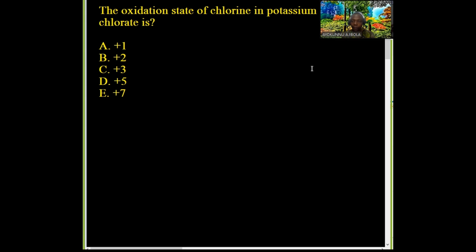Potassium chlorate. What's the symbol for potassium chlorate? The chemical formula. KCl. Potassium chlorate is what? Symbol KCl. KCl, right? Hold on. KCl is potassium chloride.